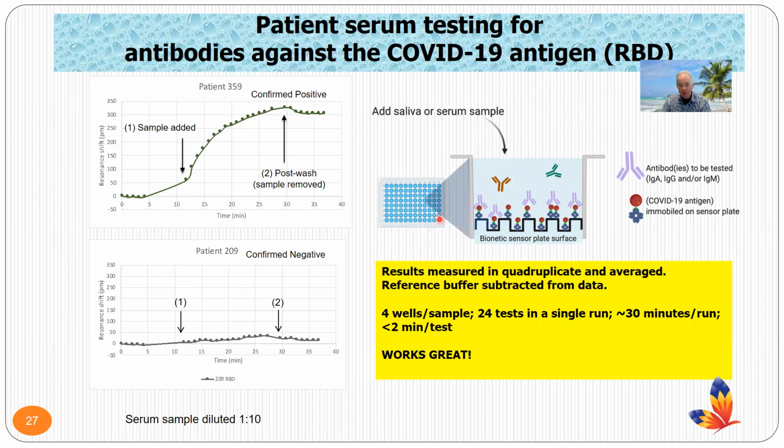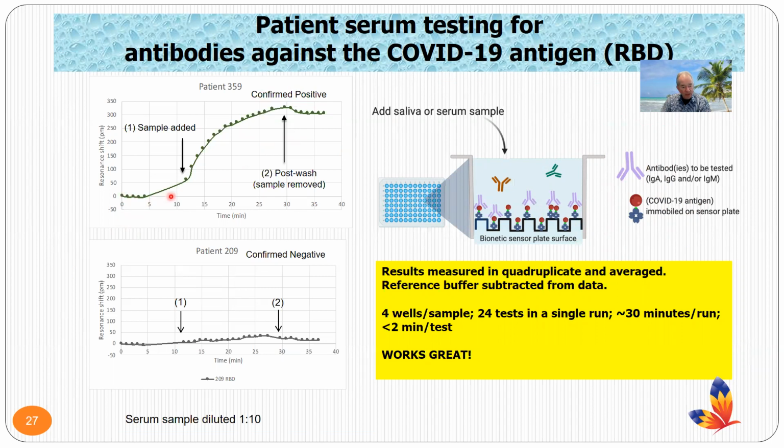And here's an example. Here's a 96 well plate in which we have put COVID-19 antigen immobilized, anchored on the top of the plate there. And then the antibodies come in and bind, and we monitor this antibody binding to this antigen there. And so here's a patient that is confirmed positive.